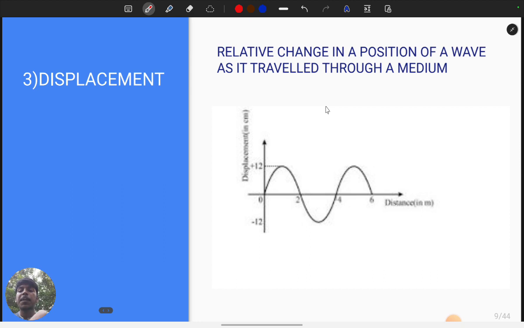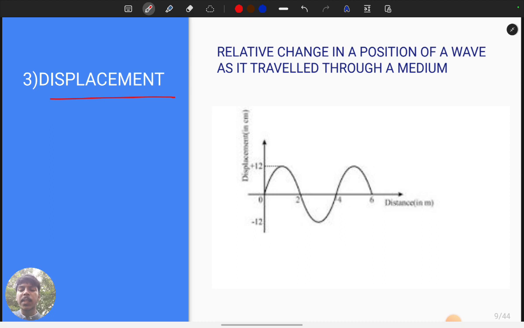Next one is displacement. What is displacement? The relative change in the position of a wave as it travels through a medium. We already discussed that the particles carry energy without net movement.